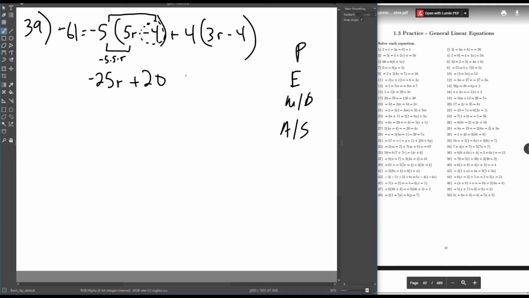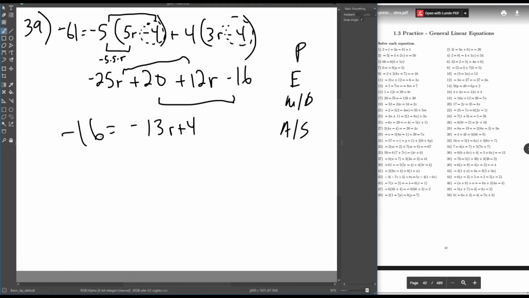So 4 times 3r equals 12r. 4 times minus 4 equals minus 16. Let's combine the like terms. Shall we? Minus 25r plus 12r equals minus 13r, plus 4 equals minus 61.